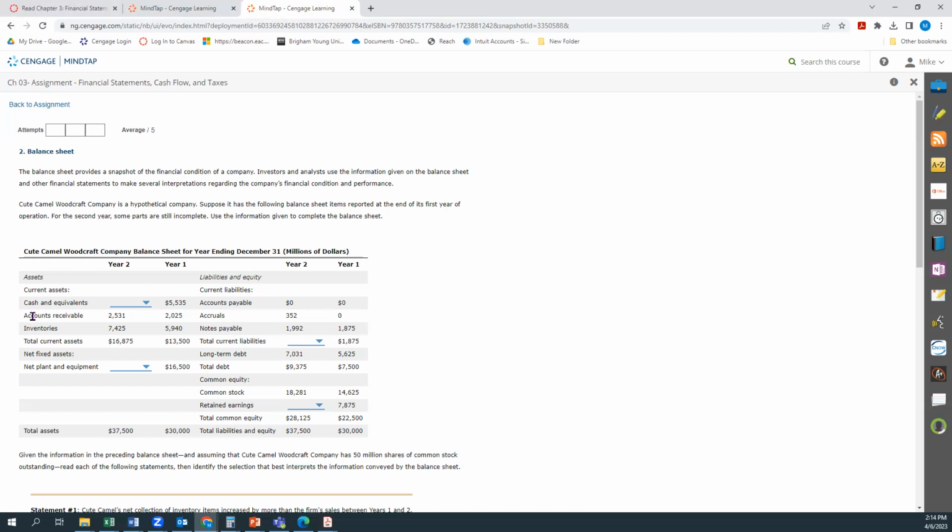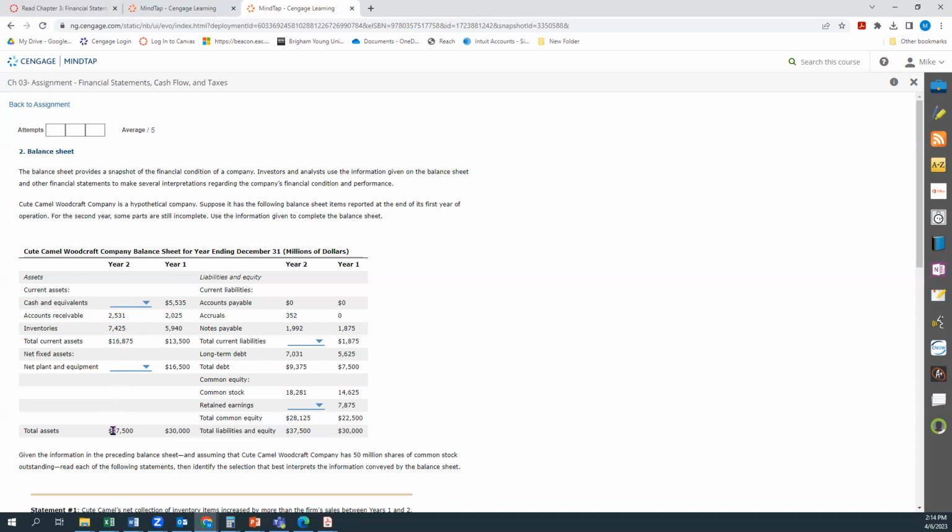So our cash and cash equivalents, our accounts receivable, our inventories, those are all our current assets. Our total current assets plus our total fixed assets, which in this case there's only one, net plant and equipment, will equal our total assets.